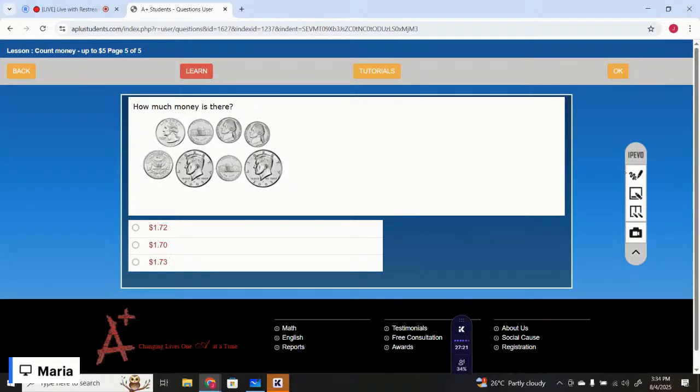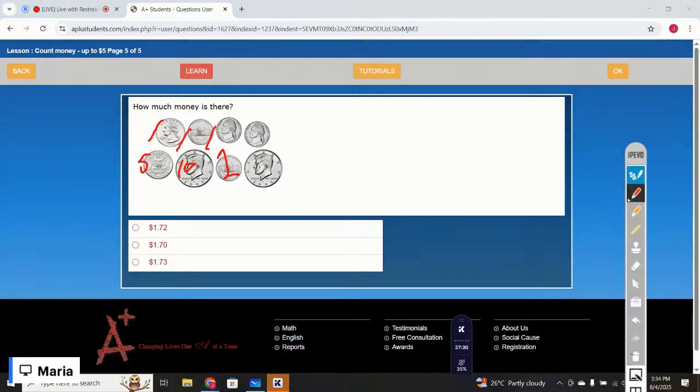So I think these are the half dollar coins. So 50, and these two, they are the half-dollar coins.